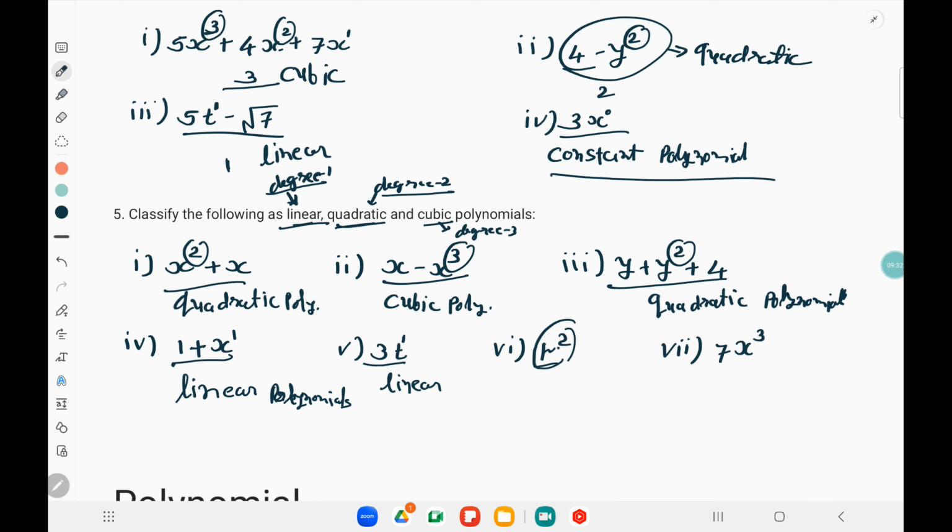Here, what is the highest power? 2. So quadratic polynomial. So when we classify according to degree, it doesn't matter how many terms it has, we just have to check what the highest power is. Here the highest power is 3, so it is a cubic polynomial. I hope you understand.